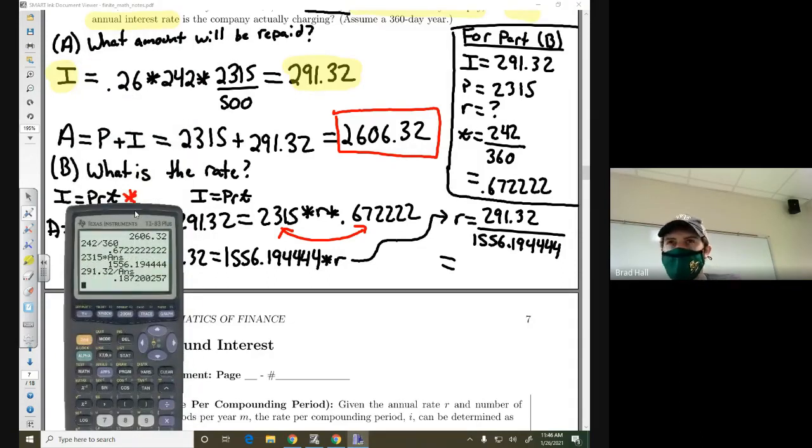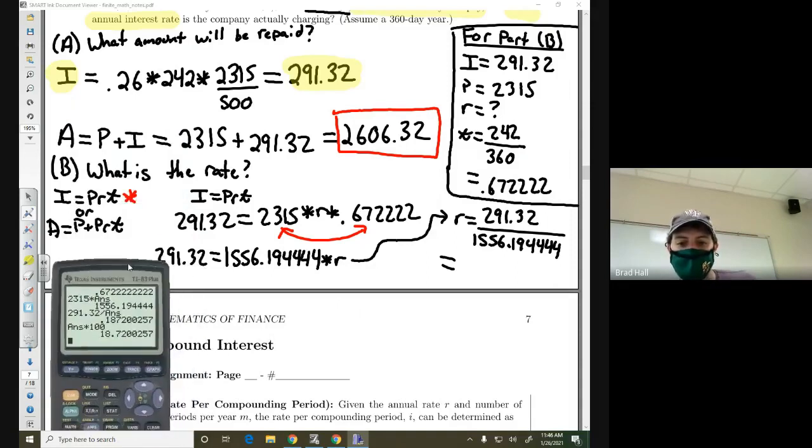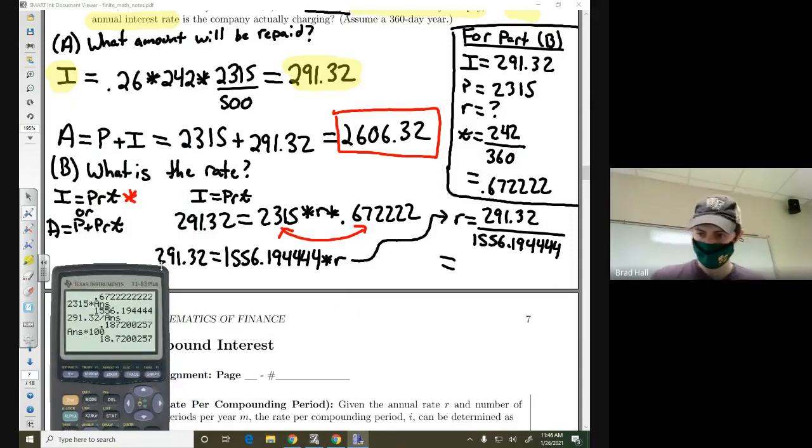And I'm also going to multiply by 100. Why am I doing that? It's kind of weird. It's a percentage. I'm going to move the decimal place over. So I'll just do those steps in tandem. To obtain the percentage of 18.72%. And that is the rate of interest charged.